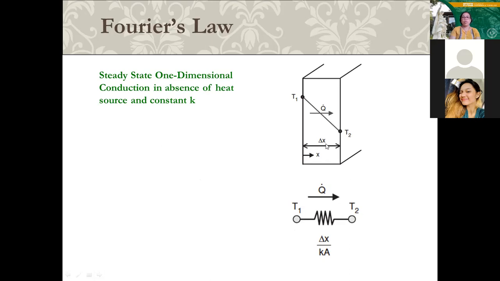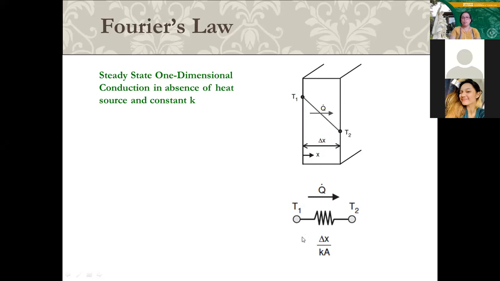This is the thickness of our slab, which is delta X. This is the X direction in which heat is going to transfer, because you could see here that your Q dot is in the same direction as we measure our X.